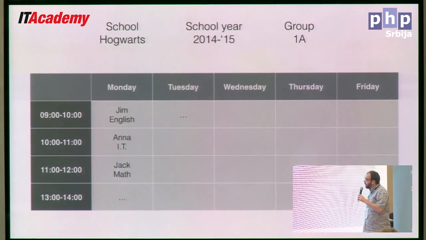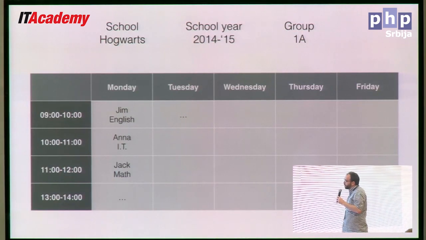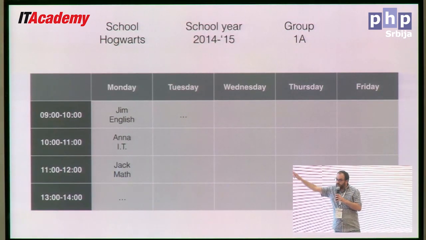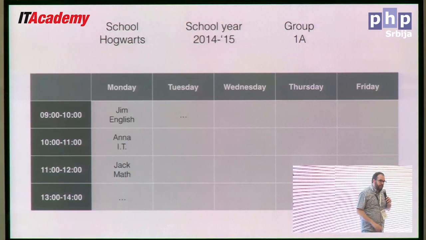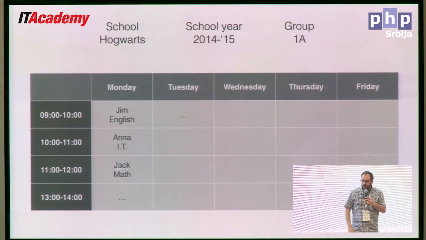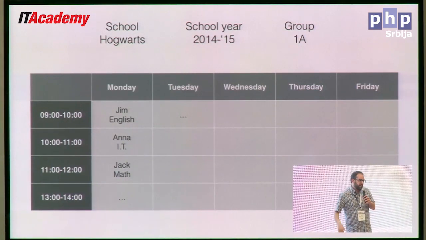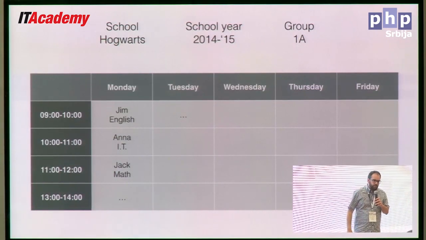For Group 1A, we have a couple of weekdays here, and from 9 till 10 in the morning, Teacher Jim is teaching an English class, and 10 till 11, Anna is teaching IT. So, given what I've told you about value objects, right? They're just these small objects that represent some value. And given what I've said before, that Eric Evans advises in his book to try to model problems with value objects as much as possible, right?